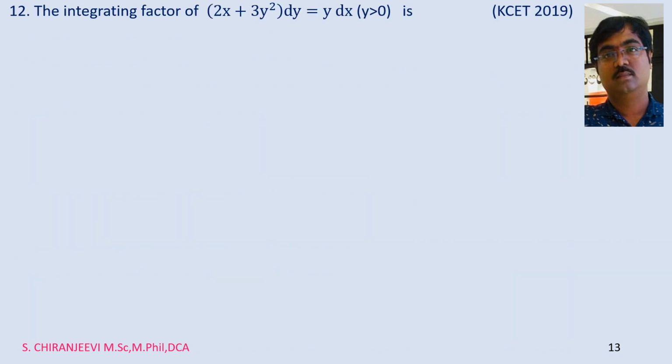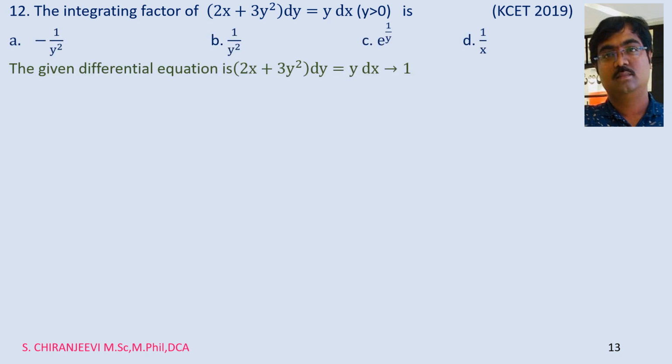Now the next problem, integrating factor for 2x plus 3y square dy equal to y dx is, which is asked in the year 2019. The options are given below. From the given differential equation, we can write it as dx by y equal to 2x plus 3y square divided by y, which can be split as dx by y equal to 2x by y plus 3y.